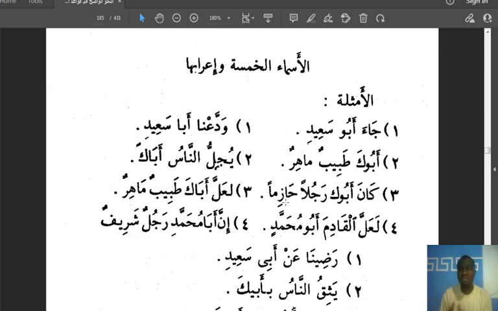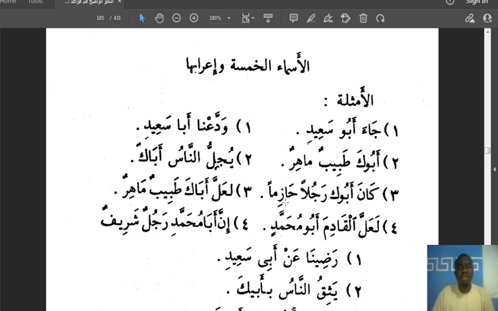So some nouns are set aside because of the way their endings behave when they are in sentences. So if you hear al-asma'ul khamsa, al-af'alul khamsa, why are they setting these nouns aside? Why are they setting these verbs aside? Because they behave differently in grammatical analysis. Now, al-asma'ul khamsa, some have made it 6, some have made it 5. 5 is more popular.